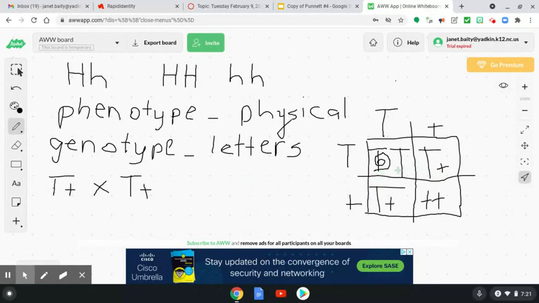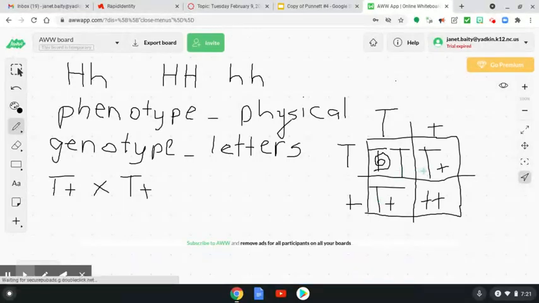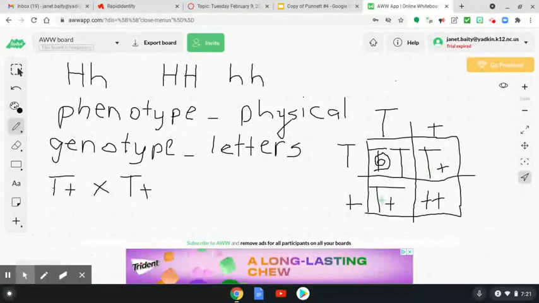So this box has a dominant T, this one has a dominant T, this one has a dominant T. They don't have to have two dominant T's as long as they have one, because if they have a dominant T, that means the recessive is hidden.